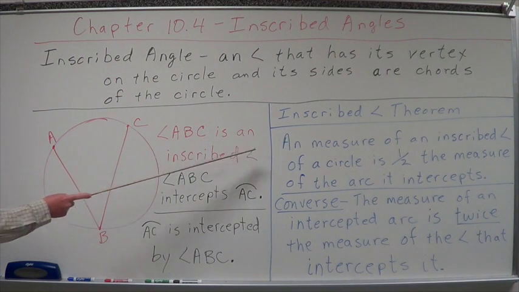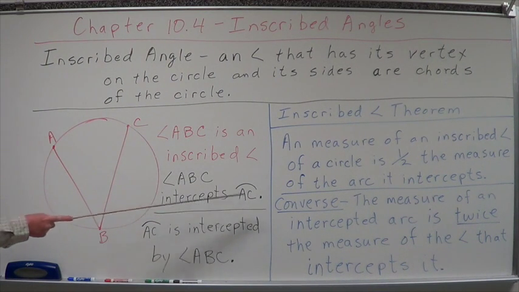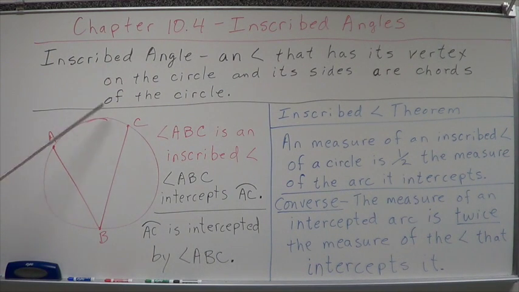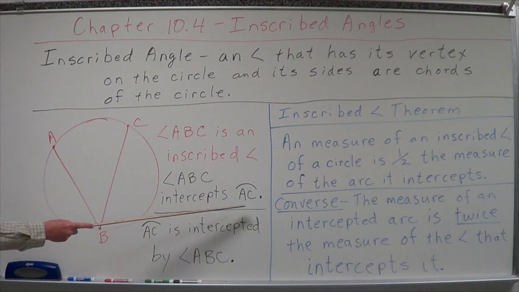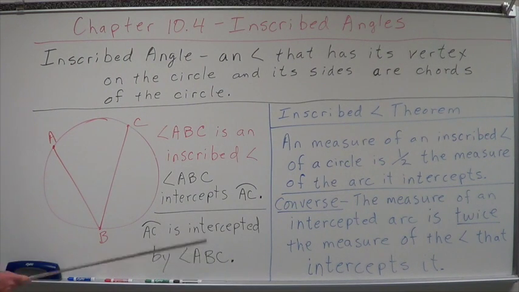Angle ABC is an inscribed angle. Now, angle ABC also intercepts arc AC. So this angle ABC creates arc AC on the circle. It intercepts the circle at AC and creates an arc. Also, arc AC is intercepted by angle ABC. In other words, how is arc AC created?